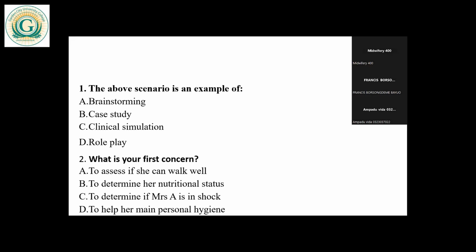All right. So the one who selected A, do you want to justify your answer? Yes. The first concern was the relative assisted her to walk. So I think the question also was asking for the first concern.